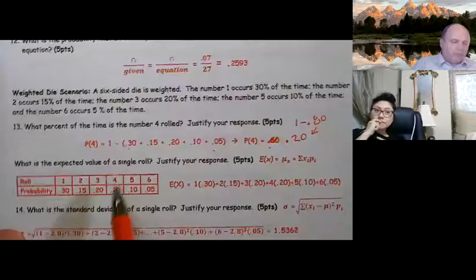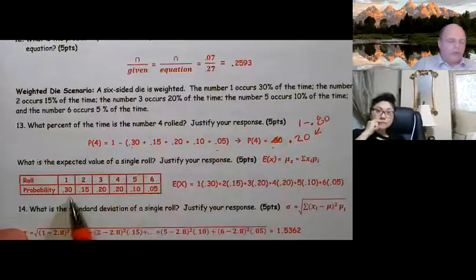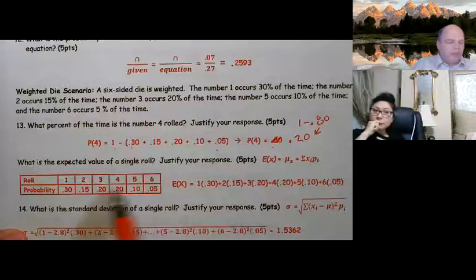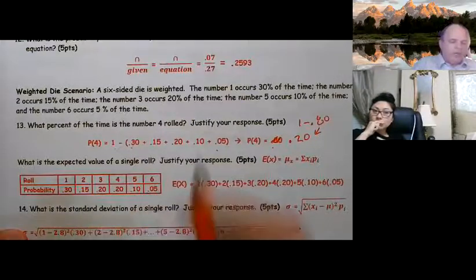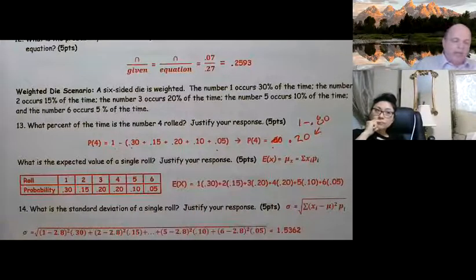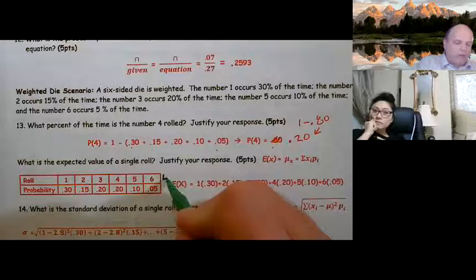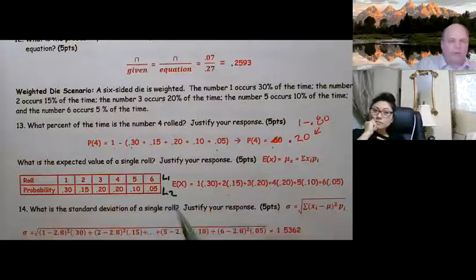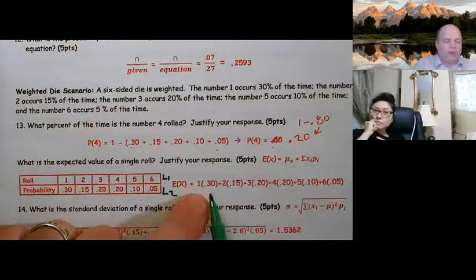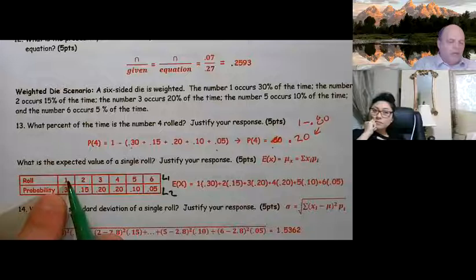Next thing, what is the expected value? You did not need to show me a table, but I'm going to put the table here because these are all the probabilities. By the way, how I actually do the work versus the way I show the work are two different things. Showing my work looks like this: my X value times its associated probability.